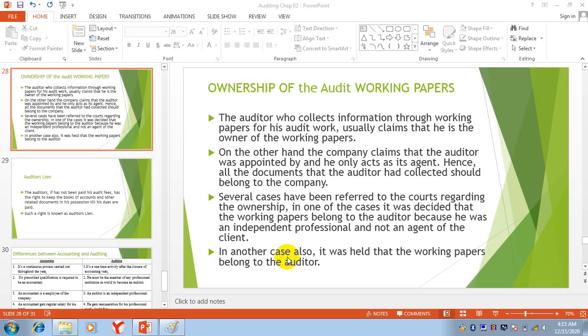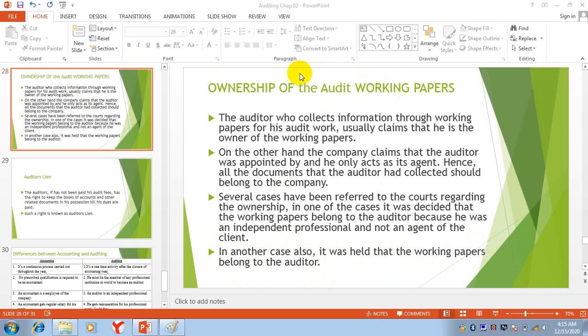In another case, also, it was held that the working papers belong to the auditor. There was another case, and the decision of that case was also the same, that working papers belong to the auditor.